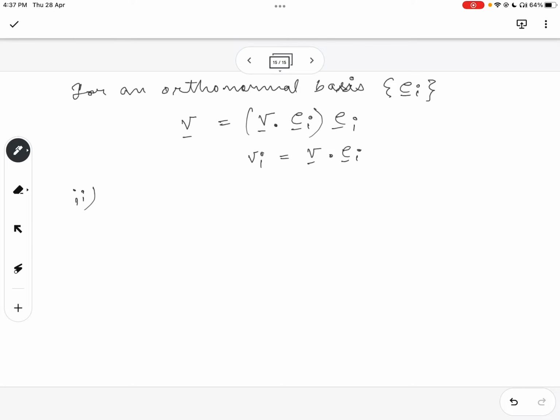Let's look at a second example. Let two vectors U, V belong to the n-dimensional Euclidean vector space, where U is written as UI EI and V is written as VJ EJ.